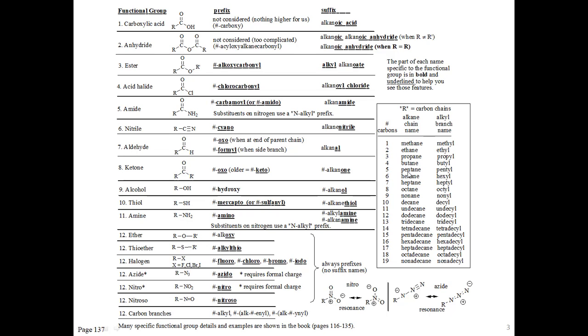So a 5-sided figure is a pentagon, a 6-sided figure is a hexagon, but in our chain lengths, we'll have pentane, hexane, heptane, octane, nonane, decane, undecane, which is basically like 11, dodecane, which is like 12, tri for 3, tetra for 4, penta for 5, hexa for 6, hepta for 7, octa for 8, nona for 9. We won't go to 20, which has its own different name, icosane, but for us we won't do that. These seem to be pretty straightforward to me.